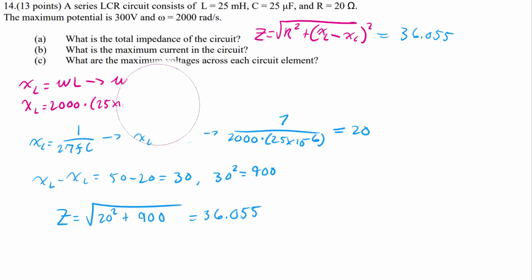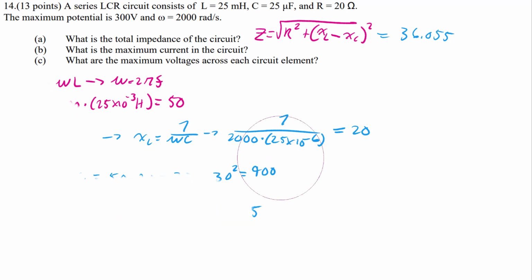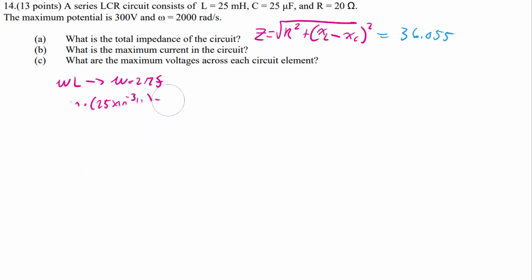Let's erase all this really quickly. Okay. Now we have to find the maximum current. What is the maximum current that is going through here? Before we get into that, what did we solve over here?